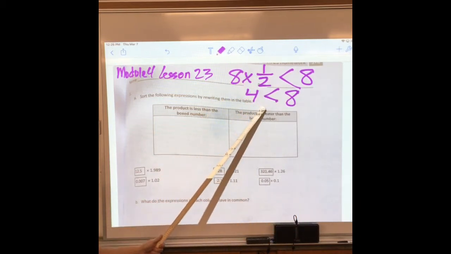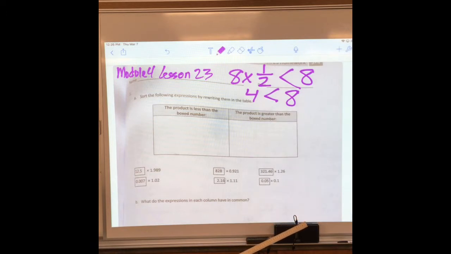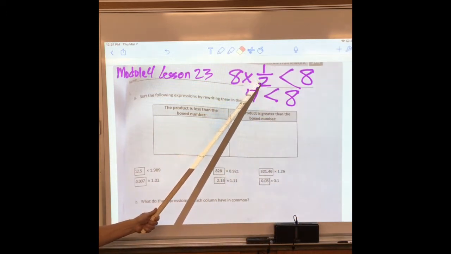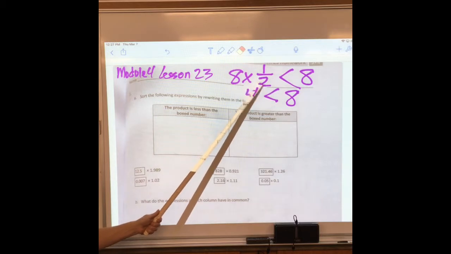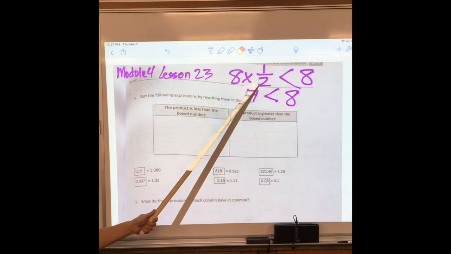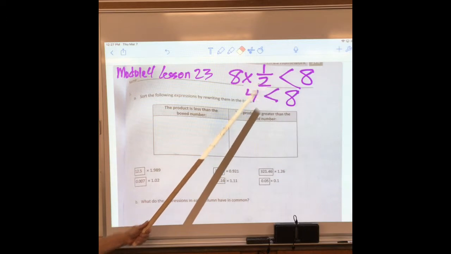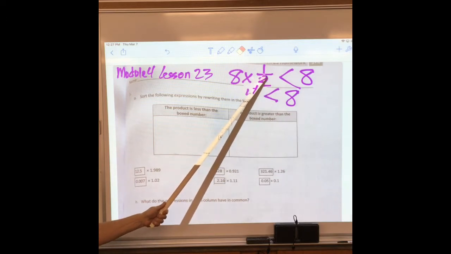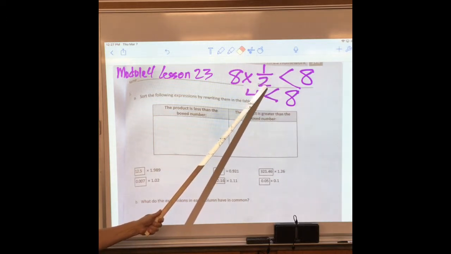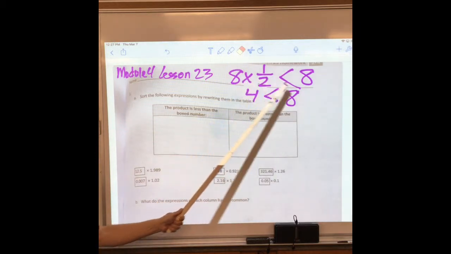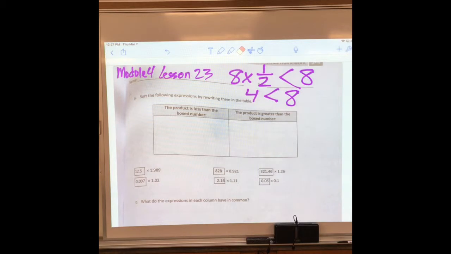So I need you to start seeing that when we have a fraction that's a 1, it's equal to that. If we have a fraction that is bigger or greater than 1, it's greater. And if we have a fraction where the number on the top is smaller than the one on the bottom, it's going to make this 8 smaller than that, or less than.